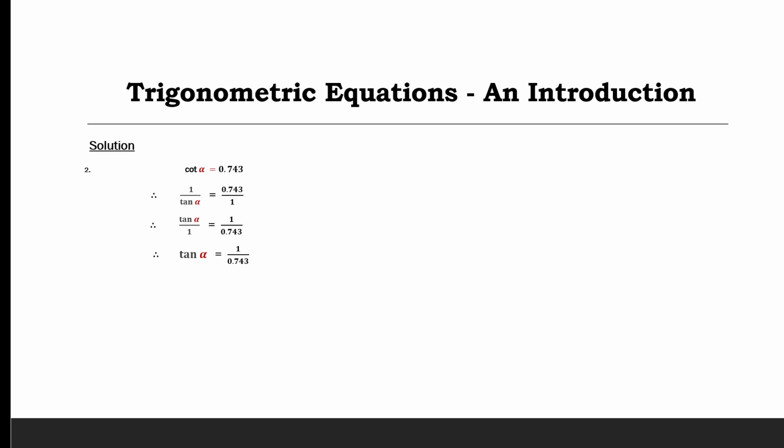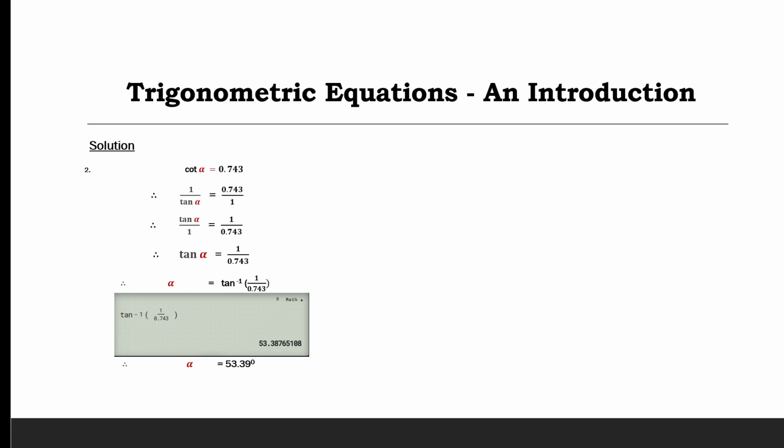So now we can bring in a function that will undo the application of the tan function, which is going to be the arctan on both sides, and that yields that alpha equals arctan of 1 over 0.743, and punching that on the calculator yields to us 53.38765, and as a result, alpha equals 53.39 degrees when we take it to 2 decimal places.